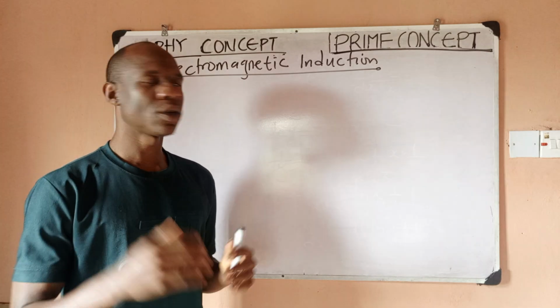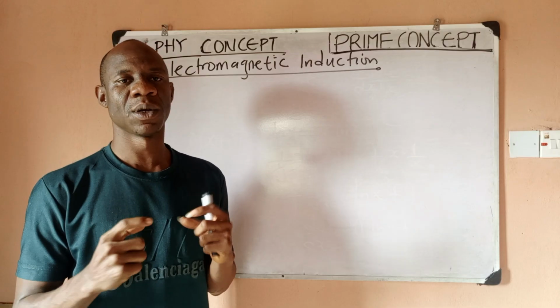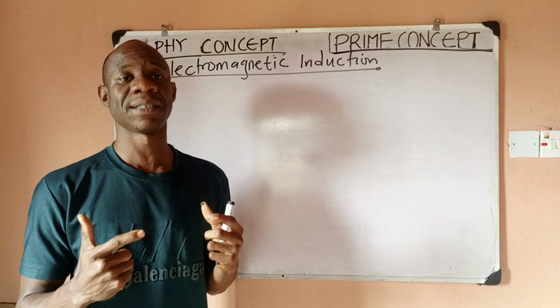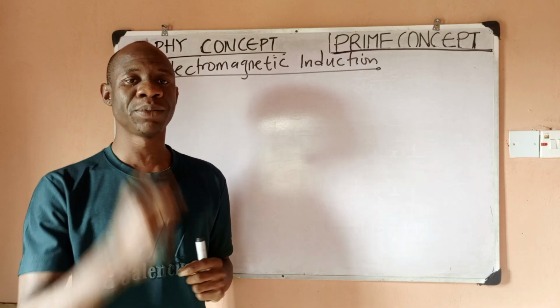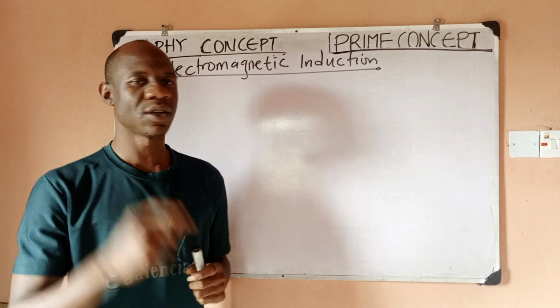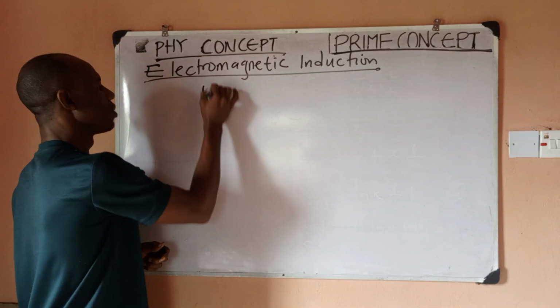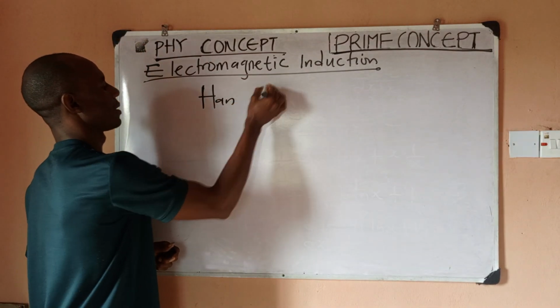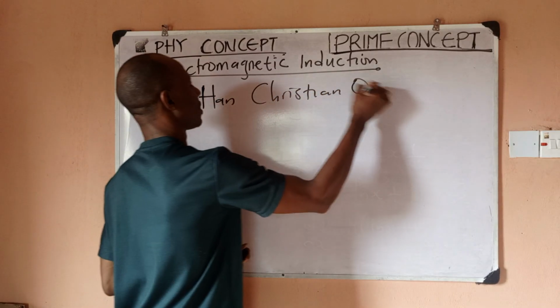Now, first, you want to understand that we have two big names when it comes to electromagnetism. There are so many names, of course, but I want to point out two big names and how they connect to electromagnetic induction. First, we have a scientist known as Hans Christian Oersted.